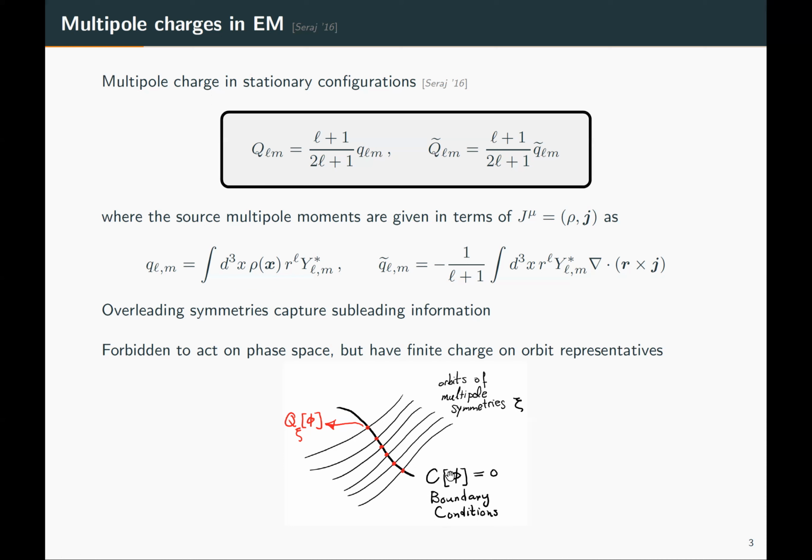I'll come back to the divergences later. But here, I'm just saying that if you demand that your gauge field goes like 1/r, then you are not allowed to act with these overleading symmetries on the gauge field, because it produces some R to the L component in the gauge field, which is not allowed by the boundary conditions.